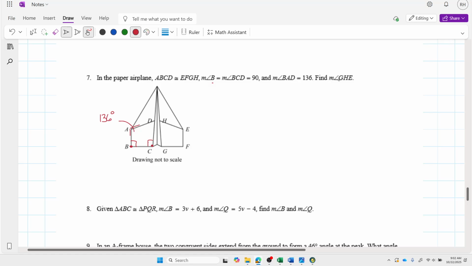It's 136. Find the measure of angle GHE. And GHE is up here. So now look. Do you see where angle H is in this description?